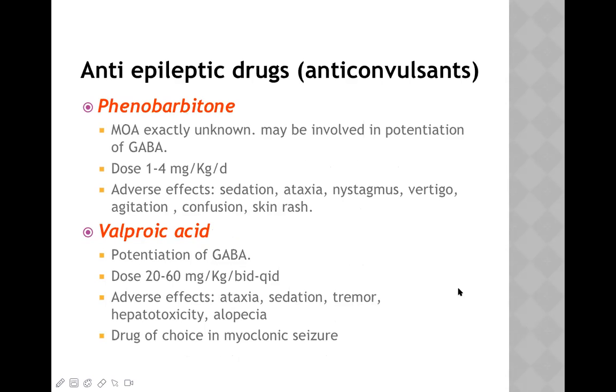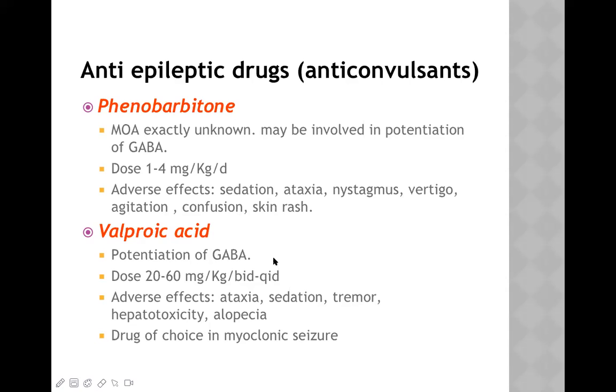Phenobarbital is another member of the first generation anti-epileptic drugs. Not very commonly used these days, but one important point I would like to highlight: phenobarbital is still considered the drug of choice in the control of neonatal seizure. Neonatal seizure, we still love to use phenobarbital for the control.